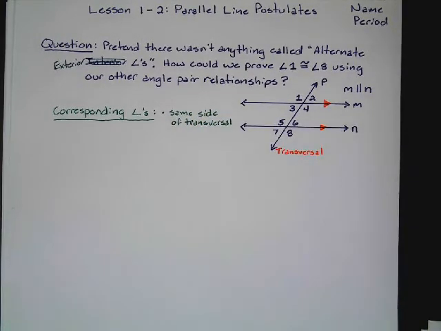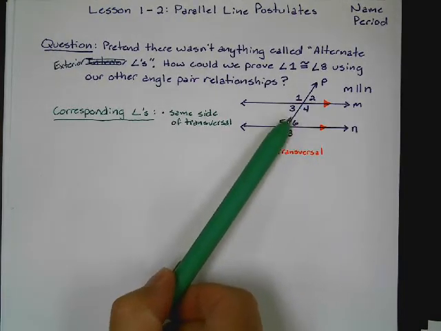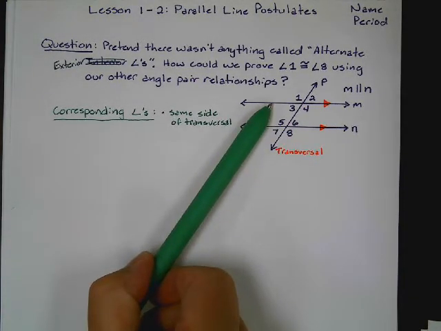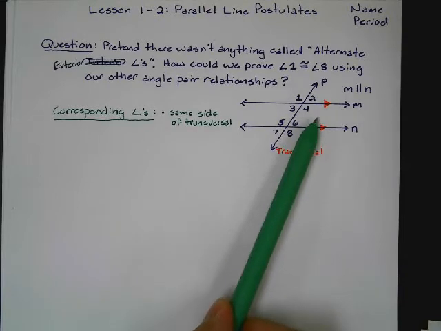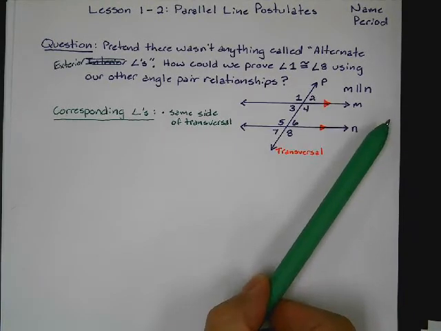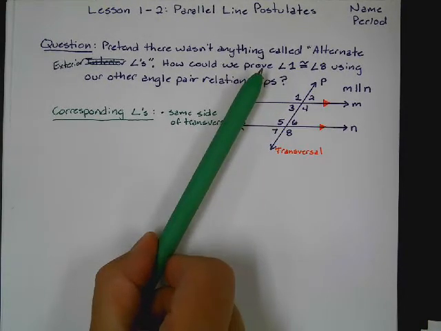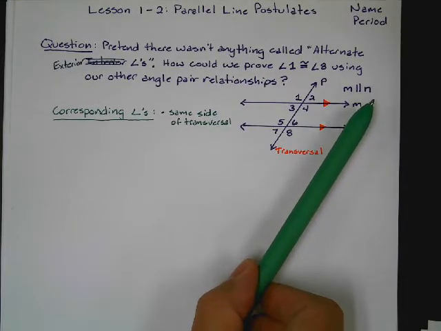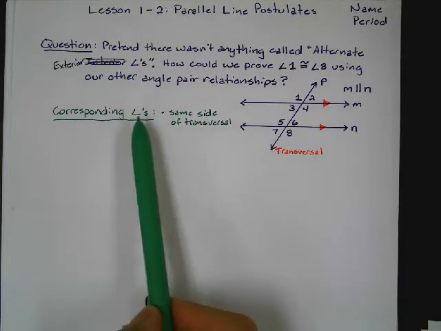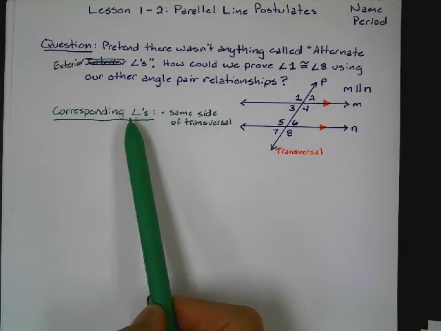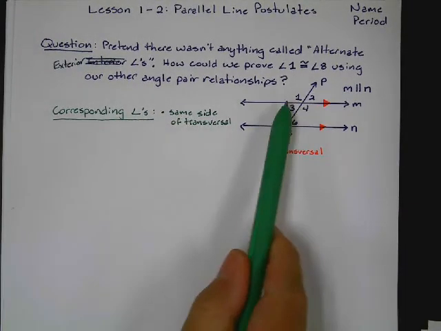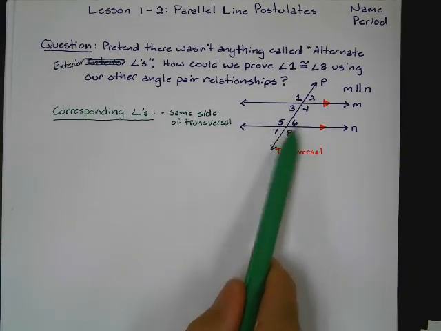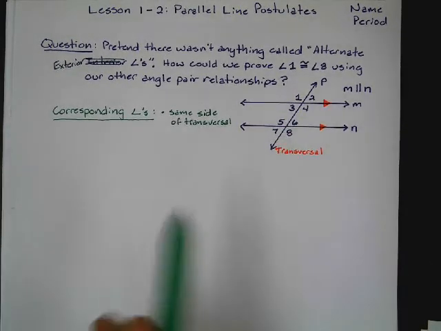Same side of transversal means 1, 3, 5, and 7 are on the same side of the transversal, and 2, 4, 6, and 8 are on the same side of the transversal. So you got this side of the transversal, the odd numbers, and this side of the transversal, the even numbers. So whichever corresponding angles, and we're looking at pairs of angles, they have to both be on the same side. So that's the first thing.